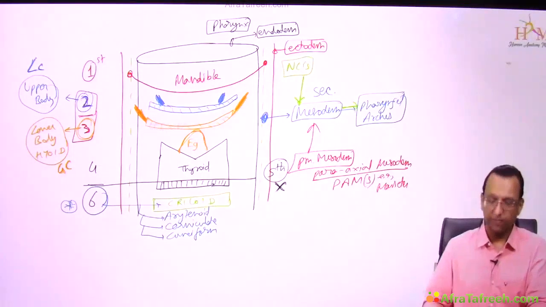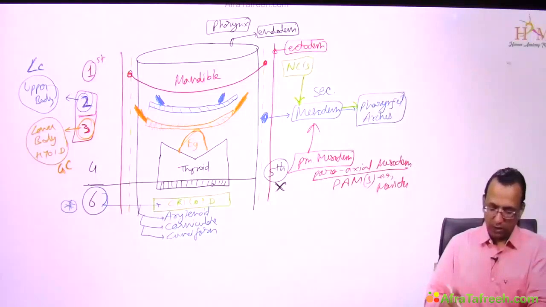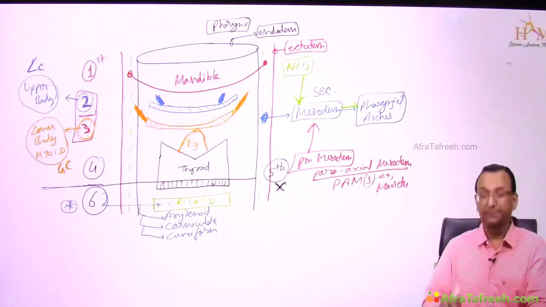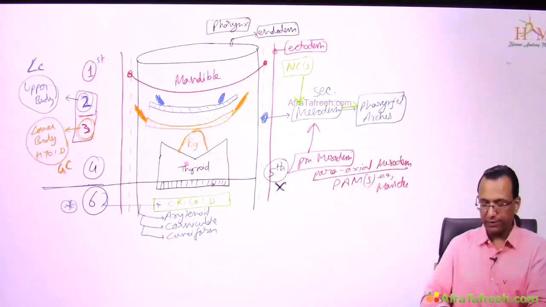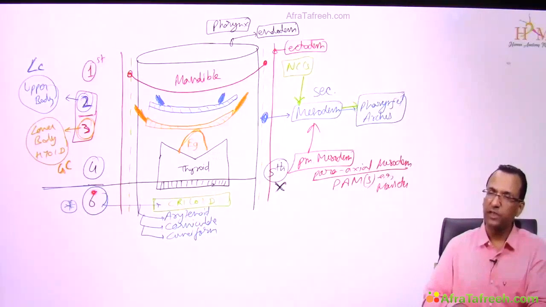But just remember, in the fourth arch two cartilages develop: the epiglottis and most of the thyroid cartilage. Whatever is left, the cricoid, arytenoid, corniculate and cuneiform, develops in the sixth arch. Just be precise in answering.